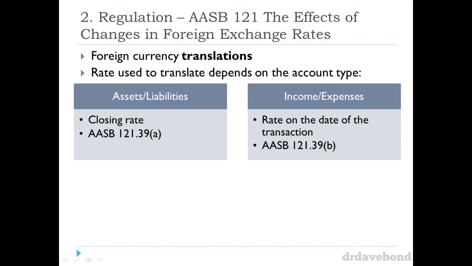How easy is it going to be for multinational companies to work out what the exchange rate is on every single thing that runs through their revenue and expense on the day in which it occurs? Probably going to be pretty tough. So what they allow you to do, and it's not up here, but it is within the standard, is that you can use the average rate if that makes more sense and if that's easy to do, because that would seem a lot more intuitive.